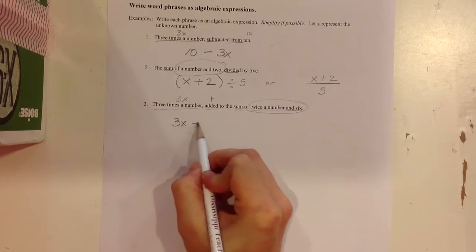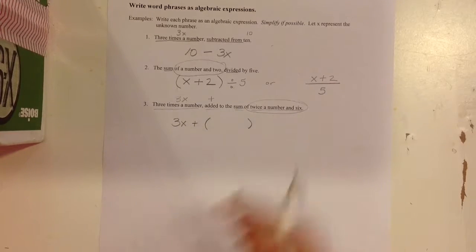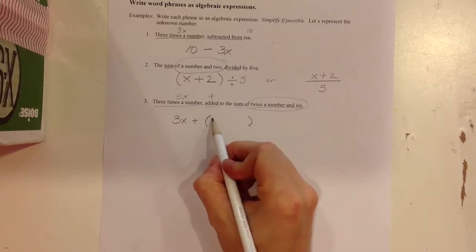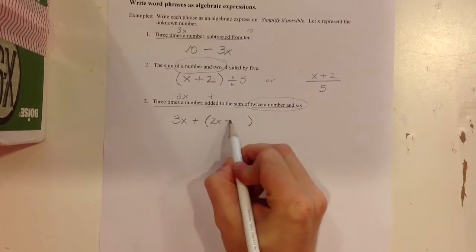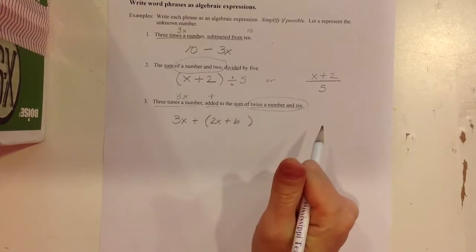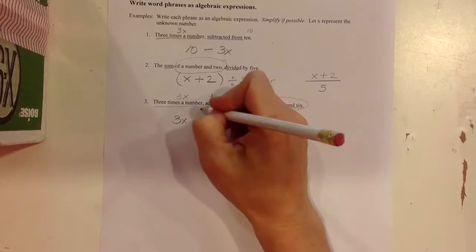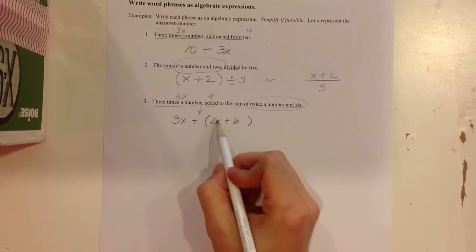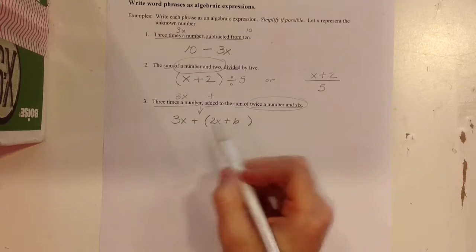So 3x plus, anytime that you have a sum or an answer, you have to put it in parentheses. So twice a number and 6, whatever that sum is, I want to add that to 3x. Now, I have just a plus sign here touching my parentheses. So if I distribute a plus, it's not going to change any signs.